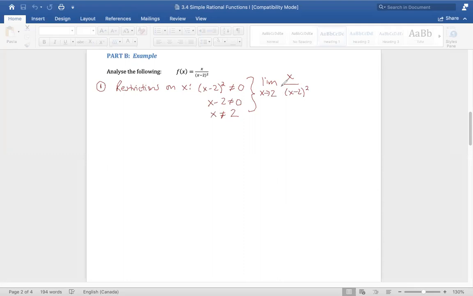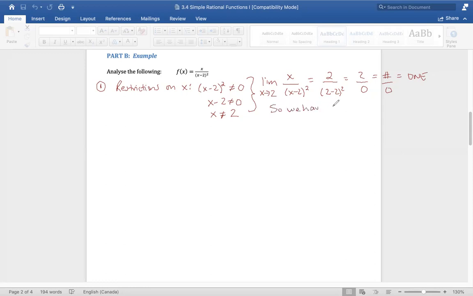So I plug in the value of 2 when I see x. So I would have 2 for the numerator. 2 minus 2 squared is, again, 0 squared. There we have our number divided by 0, which is where we say if I have a number divided by 0, then I know that that limit does not exist, right?